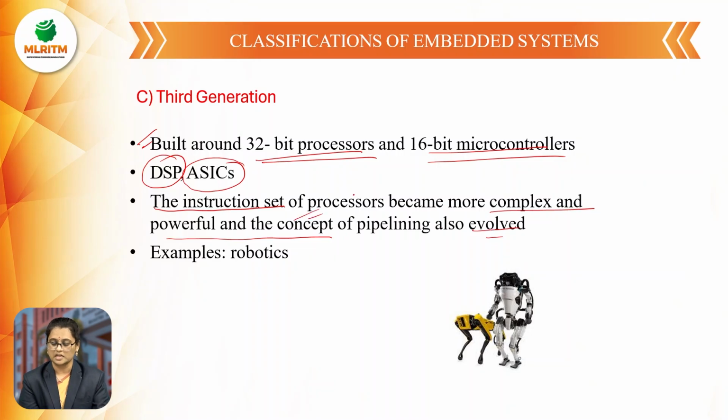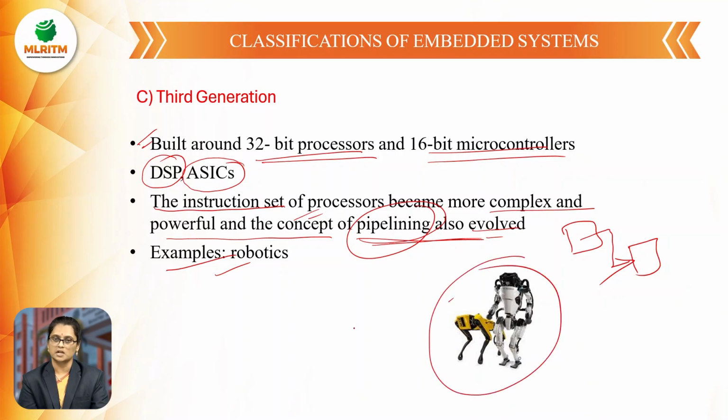Compared to 2G, in 3G hardware and software are more complex. Here pipelining means the output of one device is given as the input to another device. That concept was also introduced in 3G. An example of third generation is robotics. This is the picture of a robot.